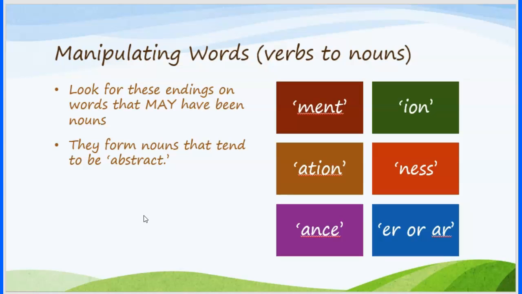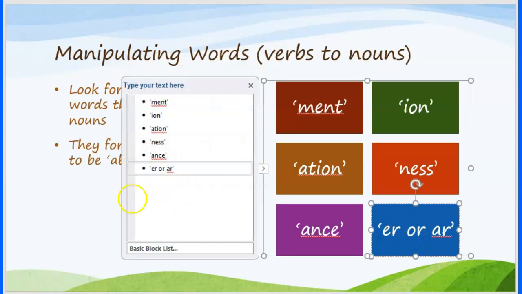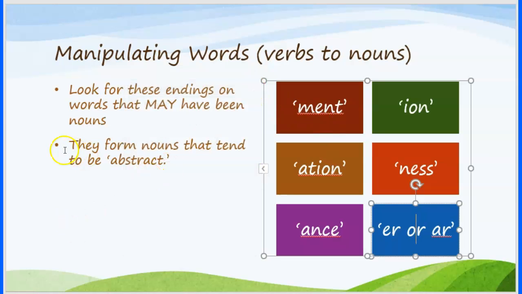Hopefully in your math classes you've learned how to manipulate numbers, but we can manipulate words as well. And we are going to add endings. So just endings, not any prefixes. And then our words are going to go from being verbs to being a noun. And we're going to look at some examples here in just a second.